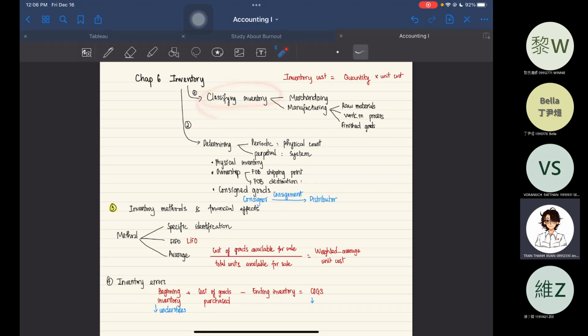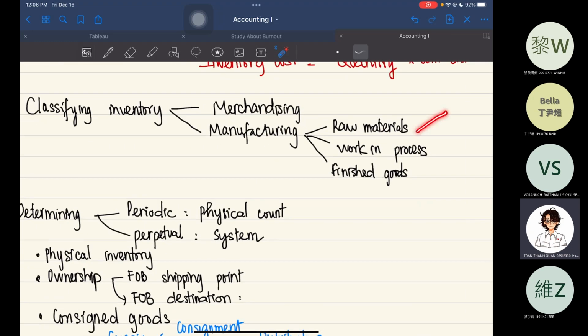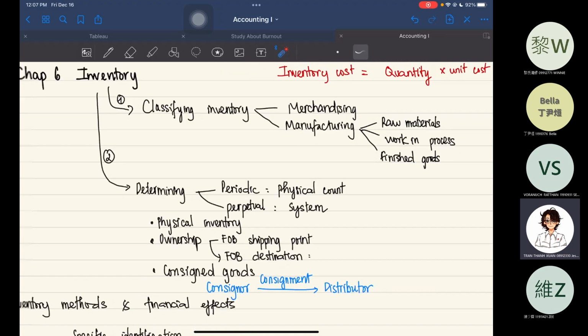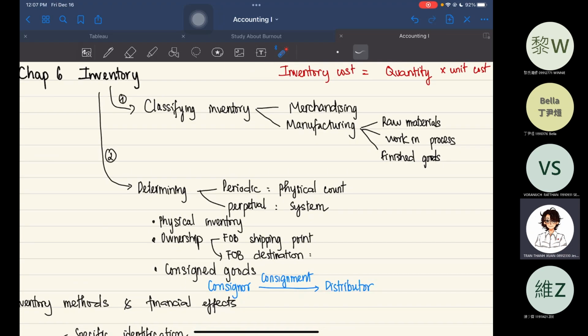The first thing is we need to determine what kind of inventory goods. There are three kinds of goods in manufacturing that we need to pay attention to: raw material, work in process, or finished goods. The second thing is determining the period of accounting cycles, like using periodic or perpetual.